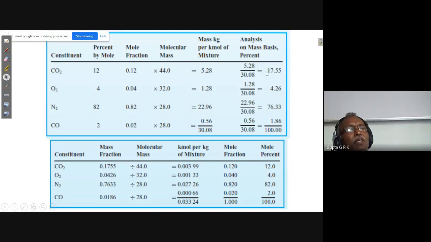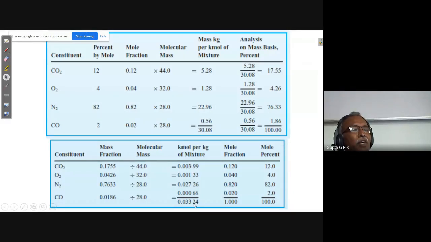This is given per 100. So if I want the actual fractions, 0.1755, 0.0426, 0.7633, like that I have to write so that the total will be 1. These are percentages, percent by mole here, and percent by mass there. In the same way, if I am given the percent by mass, I can write the mass fractions as 0.1755, 0.0426, 0.7633. Now here I have to divide by molecular weight so that I will get kilomoles.